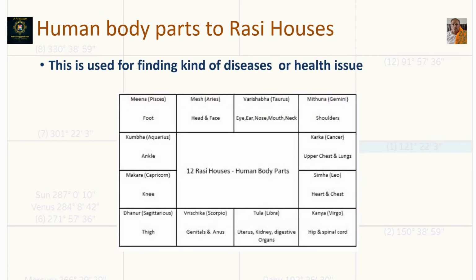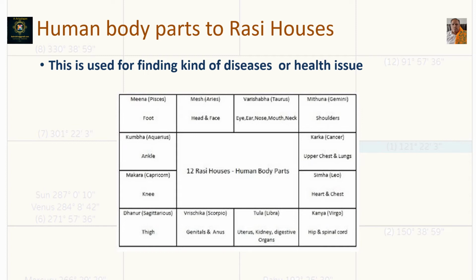Next, the Rasi houses are also assigned with different human parts, and this is used for the purpose of identifying diseases or health issues. So Mesha Rasi refers to the head and the face always. Okay. And Rishabha Rasi refers to the ear, the nose, the mouth, the neck. Mithuna Rasi refers to shoulders. Karagha Rasi refers to upper chest and lungs. Simha Rasi is heart and chest.